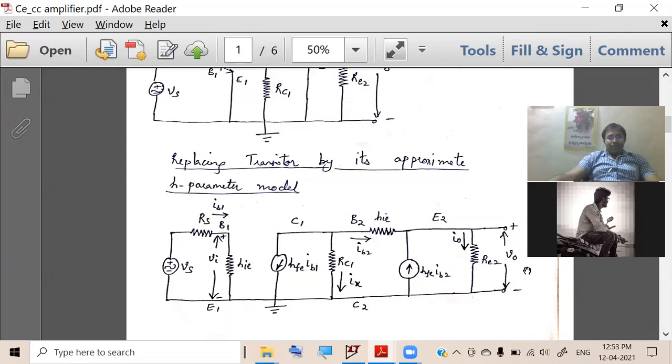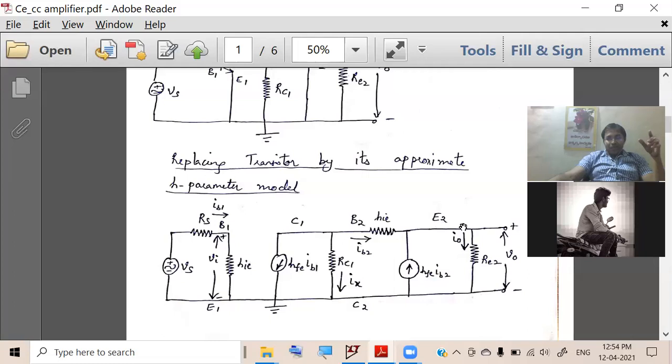Let me do that. So what will V naught be here? I can write it using KVL, which can be stated in different ways: the sum of voltages in the loop is 0, or the voltage in this path is equal to the voltage if I take the other path. Means E2 to C2.